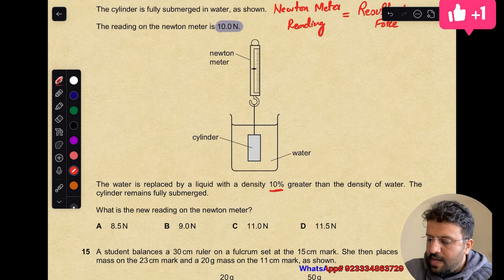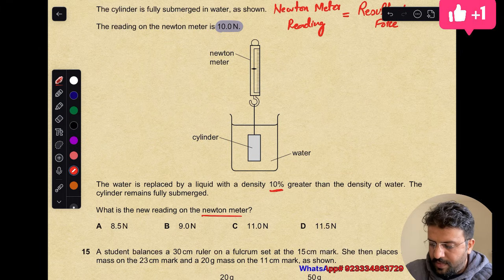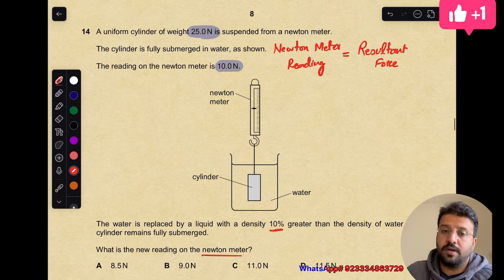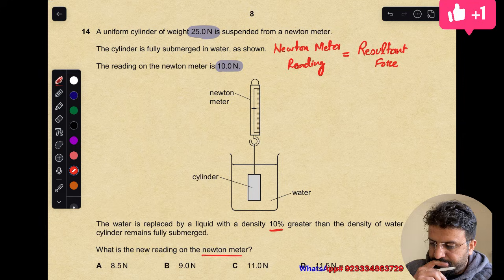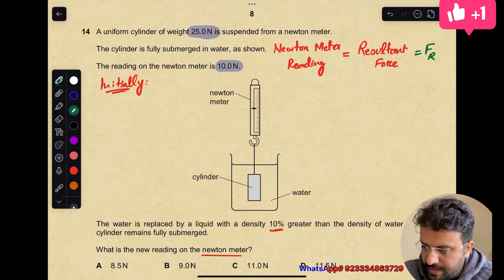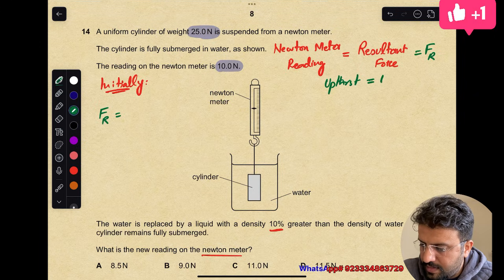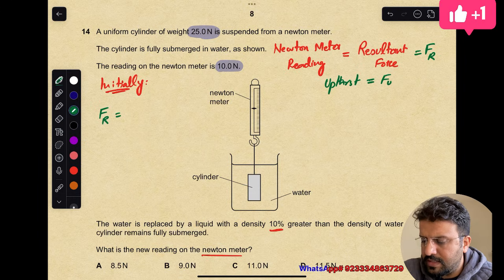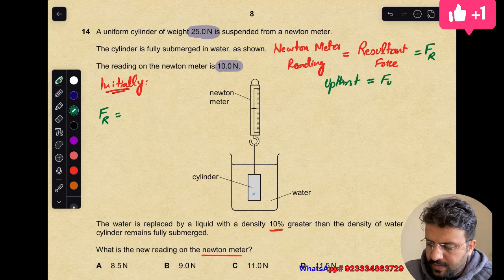The water is replaced by a liquid with a density 10% greater than the density of water. The cylinder remains fully submerged. What is the new reading of the Newton meter? Let's figure out the first scenario. Initially, the reading is FR, the resultant force, and let's call the upthrust FU.